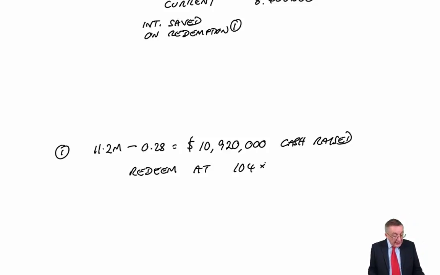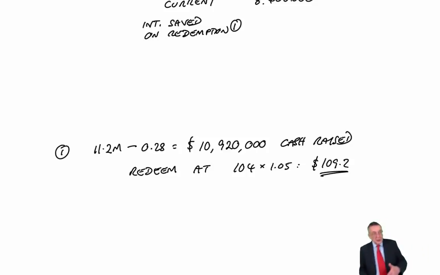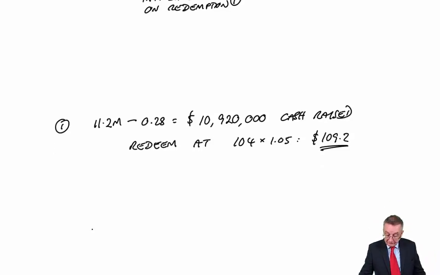It's going to be at a 5% premium. So add on 5%, multiply by 1.05. The redemption price is going to be 104 times 1.05 is 109.2. So we're going to have to pay 109.2 for every 100 nominal.